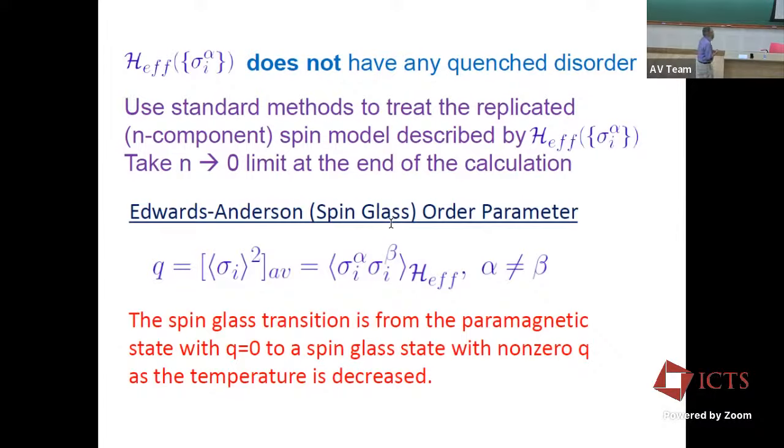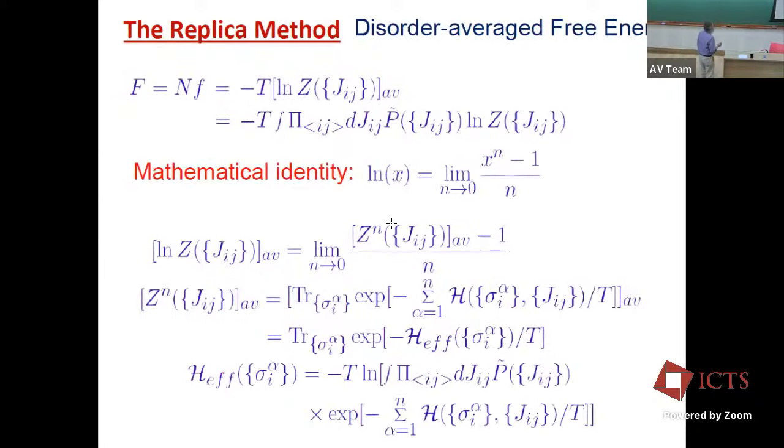Yeah. So that comes from the fact that, what is the effective Hamiltonian? The effective Hamiltonian was the replicated Hamiltonian. Again, go back one step. So basically this is the replicated Hamiltonian. At this point there is Jij, and when I take this average outside, then this Jij goes away.